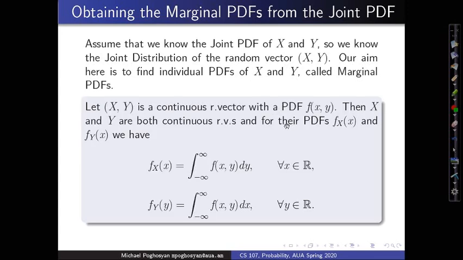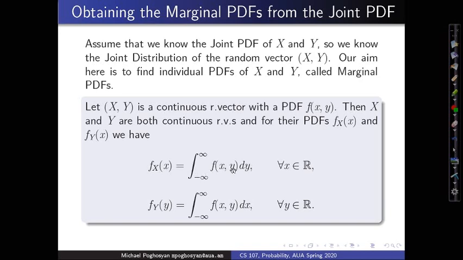This is easy. In fact, it can be proved that if our (x, y) is a continuous random vector with PDF f_xy, then x separately and y separately are both continuous random variables, and we can calculate the PDF of x by integrating our joint PDF with respect to y.